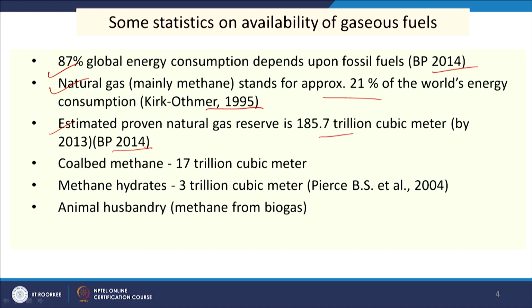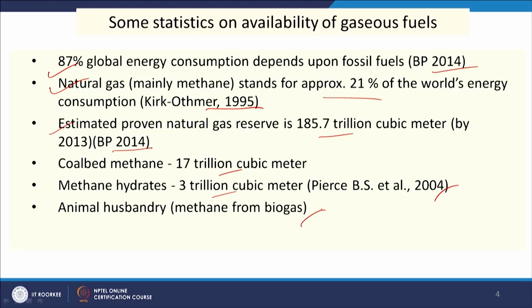Coal bed methane is 17 trillion cubic meter, and methane hydrates 3 trillion cubic meter, as per 2004 data. Then animal husbandry, the methane from biogas, is also one good source of gas, biogas from cow dung or other animal manures or any other animal rejects.